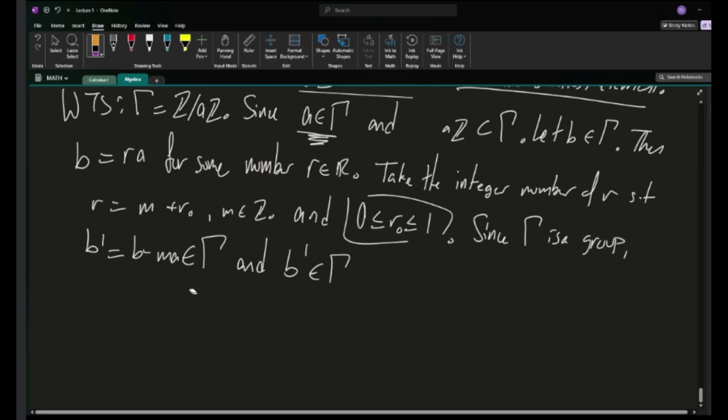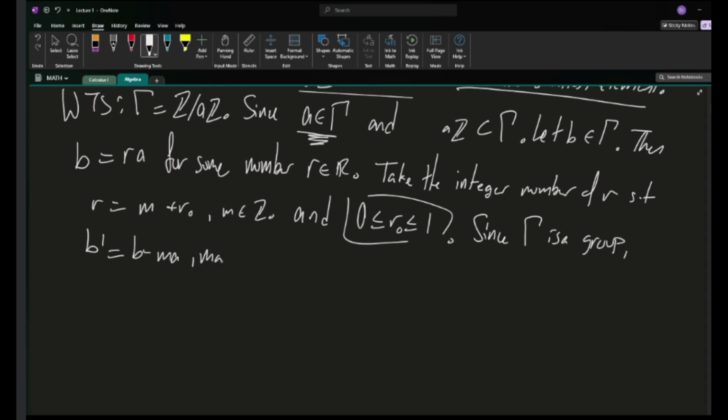Oh, so I should clarify this a little bit more. We know MA is in gamma, and B prime is also in gamma because we're dealing with Rn, kind of like a vector space.